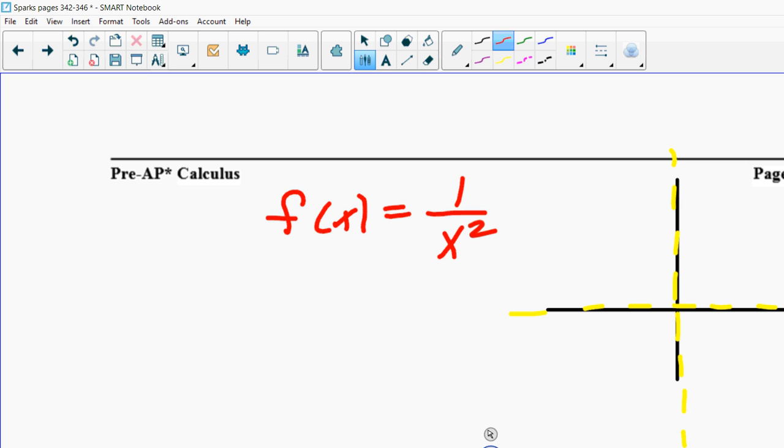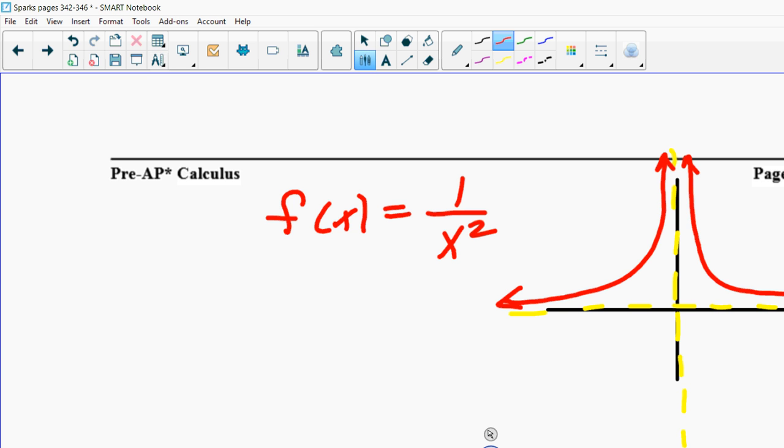If I put negative numbers in there and I square them, what am I going to get? Positive numbers. If I put positive numbers in there and square them, what am I going to get? This graph looks like this. Looks like a volcano.